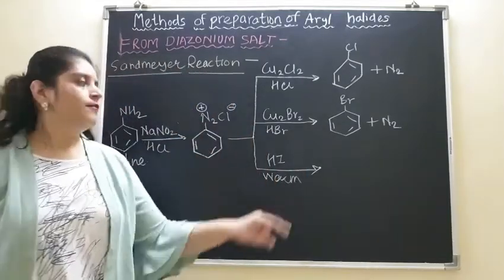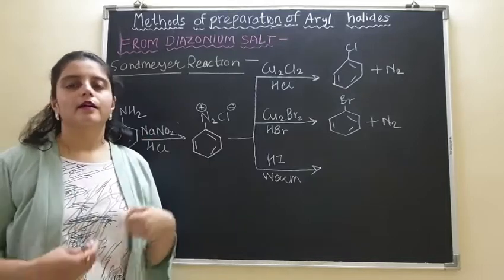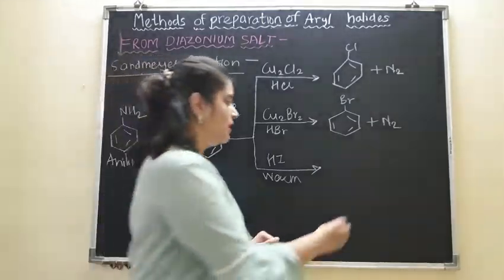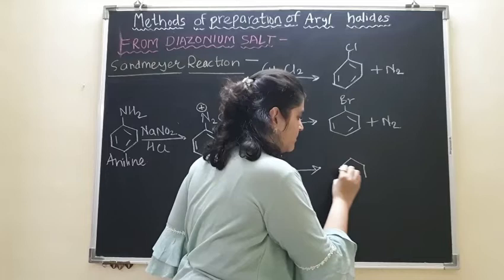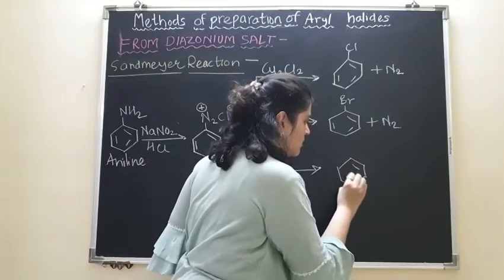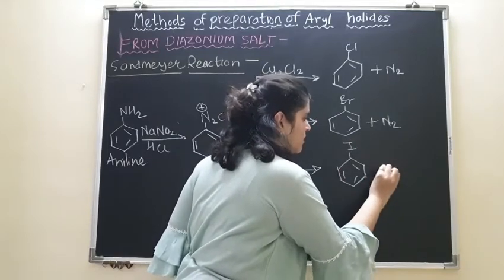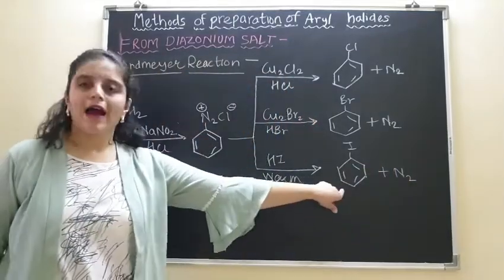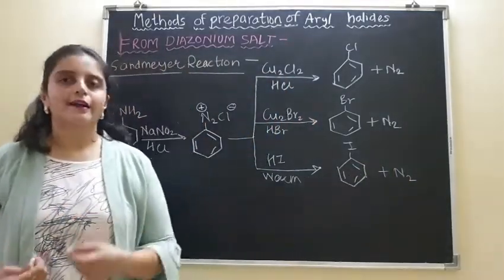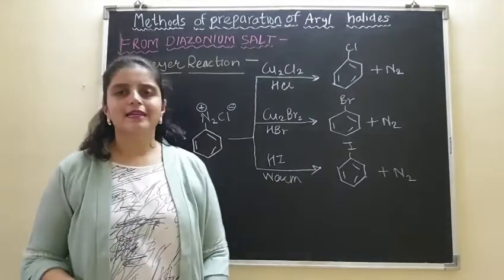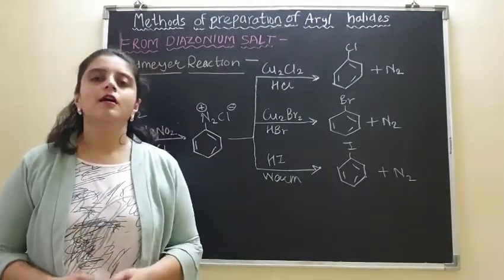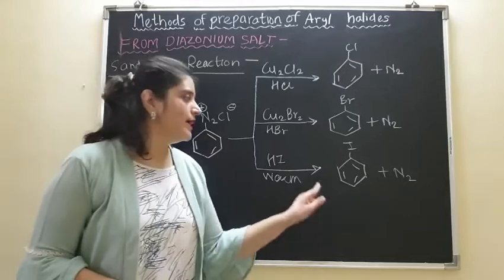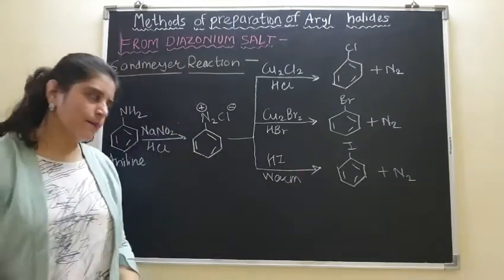The iodine will be inserted in our diazonium salt. So you get formation of iodobenzene plus nitrogen gas. We have also said that this is the best method of inserting iodine in our aromatic compound.